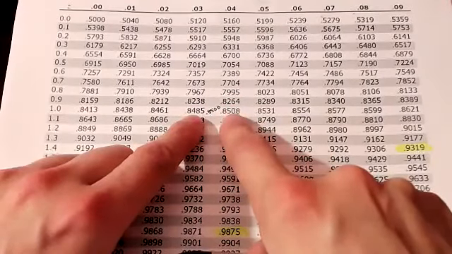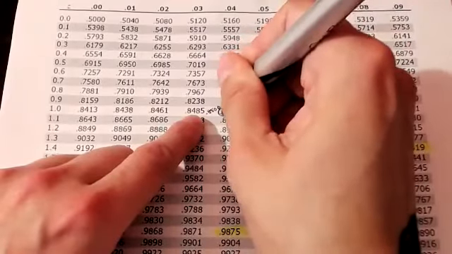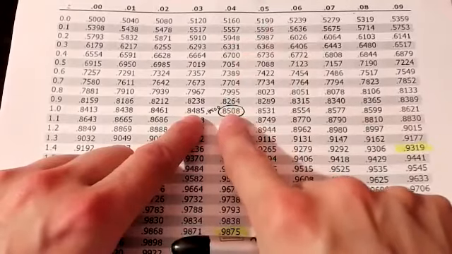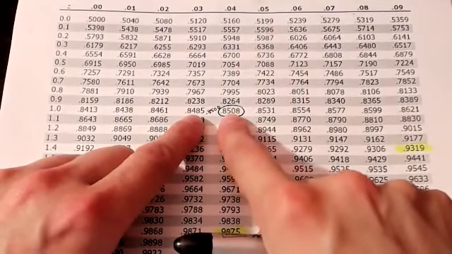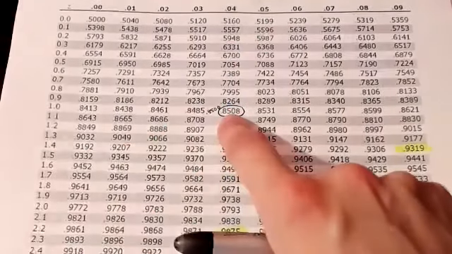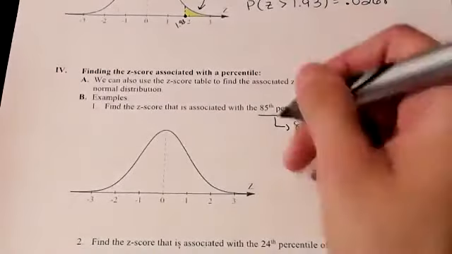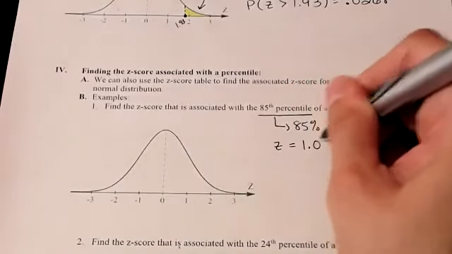We have found our Z-score. So what I'll do is circle this number because we're closer to it. What is the Z-score associated with this number? Would it be like 1.04? Yes, that's exactly correct. Perfect. So we can answer and say that the Z-score is going to be equal to 1.04.